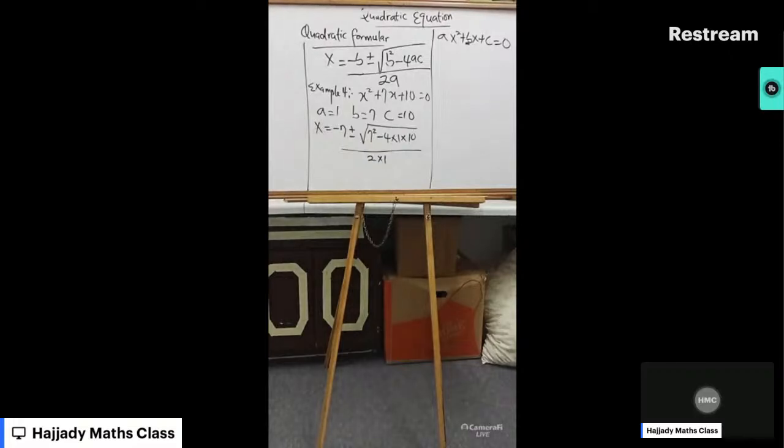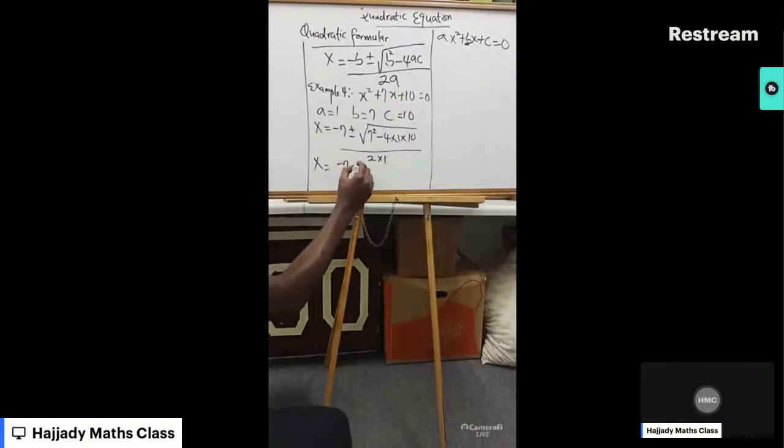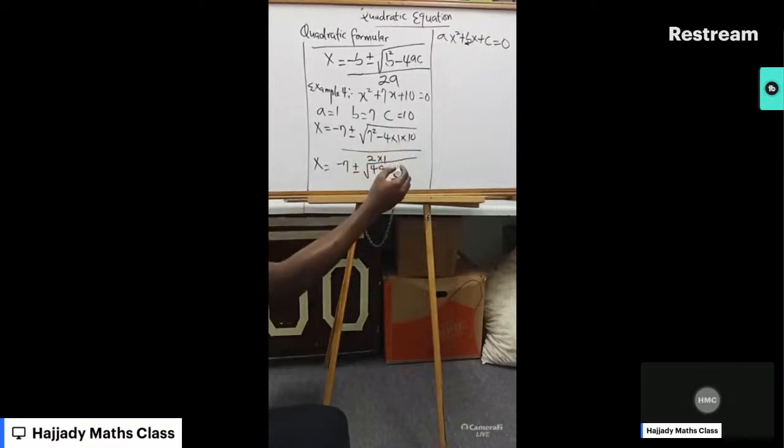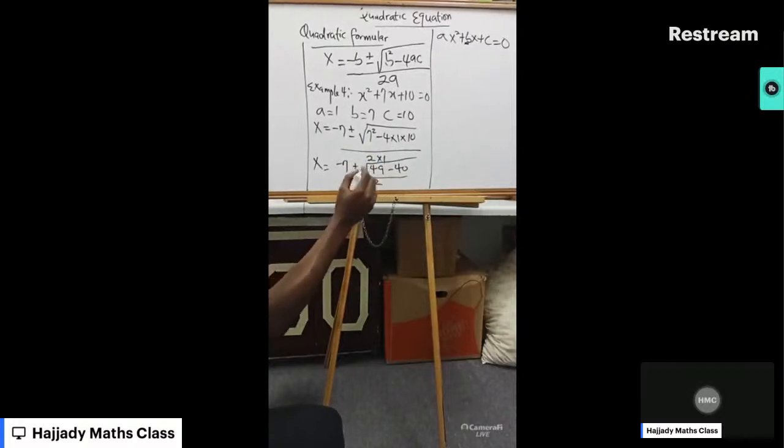So with this, we have that x equals negative 7 plus or minus root of 7 to the power of 2, which is 49, minus 4 times 1 times 10, which gives 40, all over 2 times 1, which is 2.